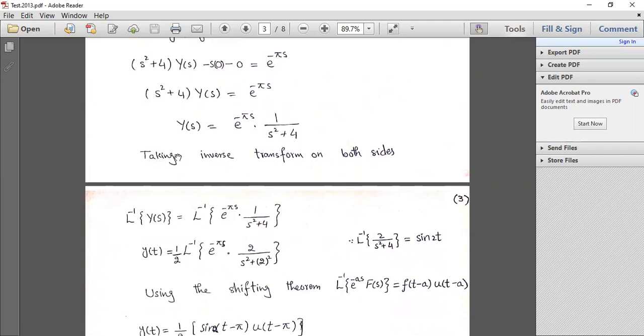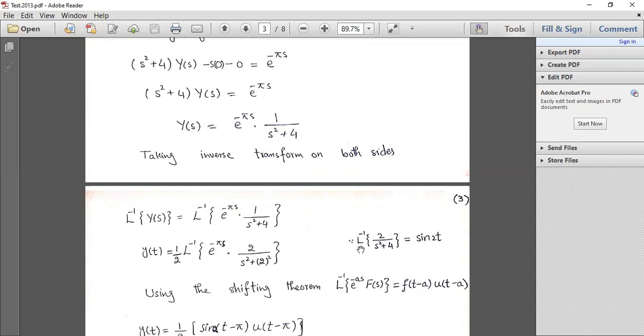Now we take inverse transform on both sides. So we get Laplace inverse of y of s is equal to Laplace inverse of e power minus pi s into 1 over s square plus 4. Now when we take Laplace inverse of this, we get y of t is equal to, here you can see that this is 1 over s square plus 4.